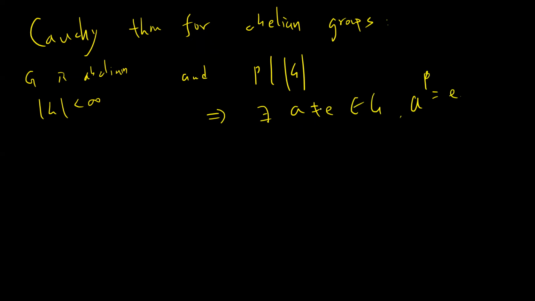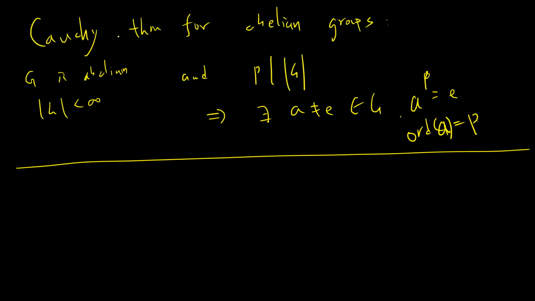So basically, you can always find an element in G whose order is P.